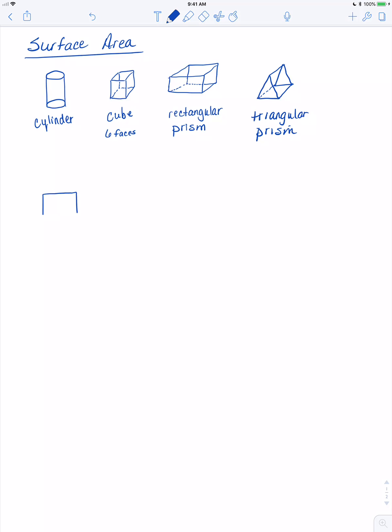So I could have a pyramid that has a rectangular bottom on it, and I'm not going to be good at drawing these because some of those back ones should be hidden. So that's a rectangular pyramid.